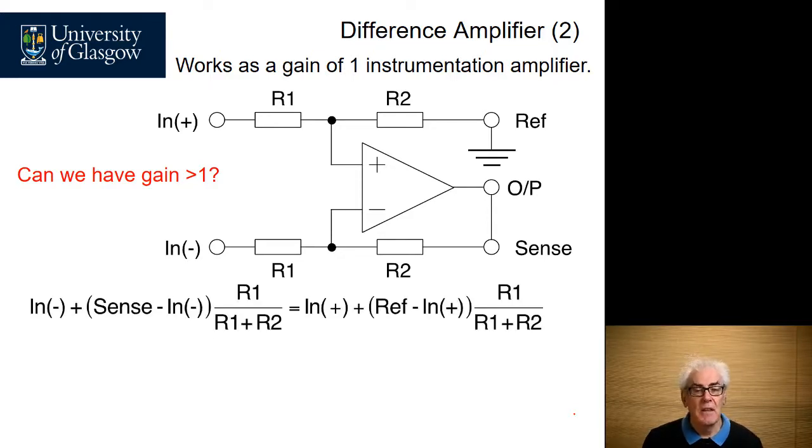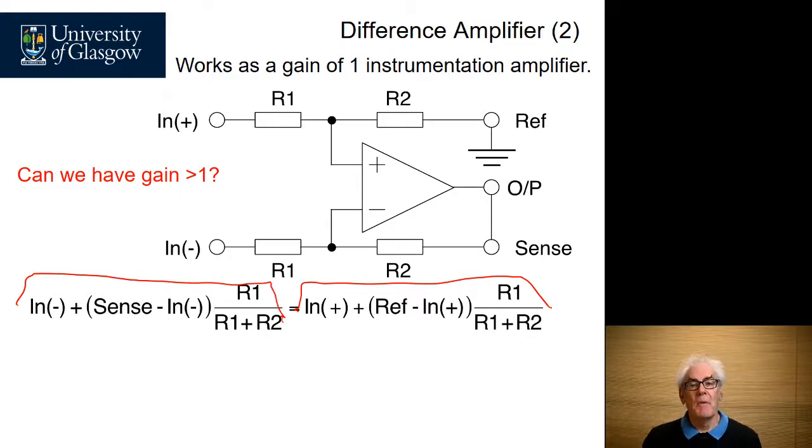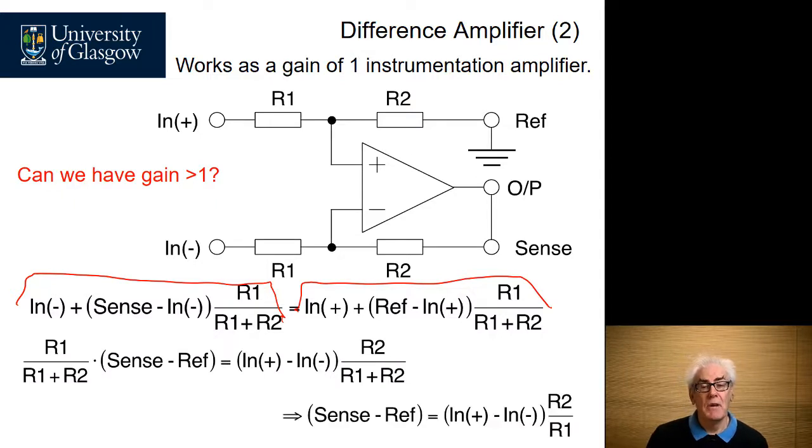Doing a similar analysis as before, we can calculate the signals at both inputs and make them equal because it's a perfect op-amp. That lands up with a difference amplifier with a gain greater than 1, and the gain is equal to R2 divided by R1, which is very similar to the equation for an inverting op-amp.